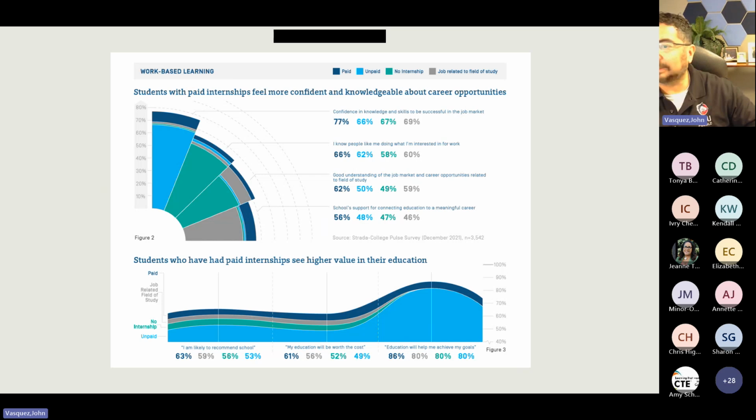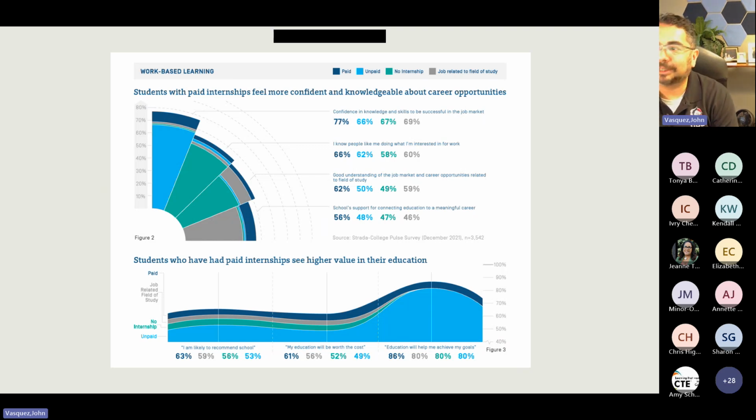This is just a little bit more data around how students report feeling when they have those paid internships and are knowledgeable about careers. I think this is not surprising to many of us.